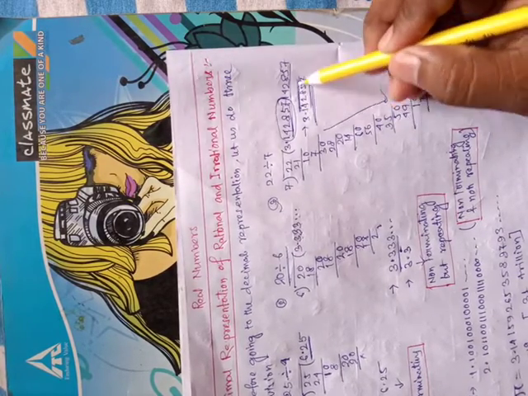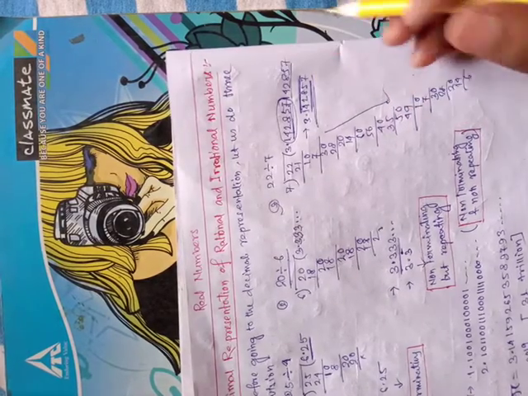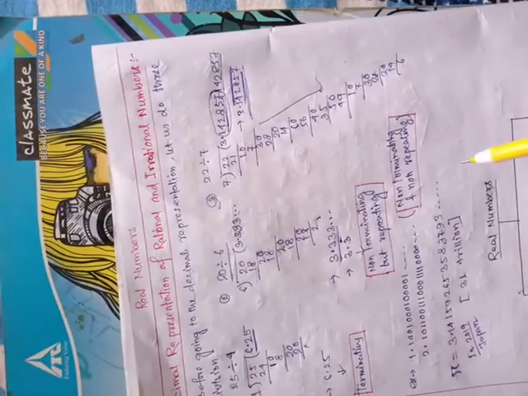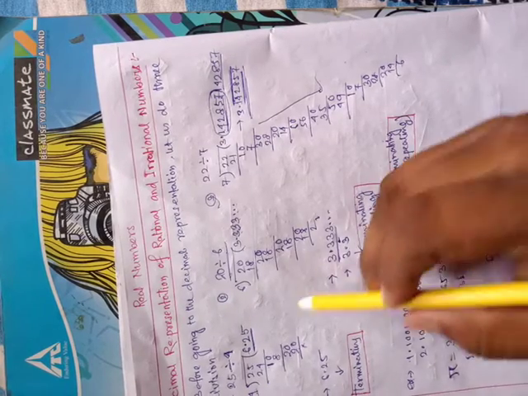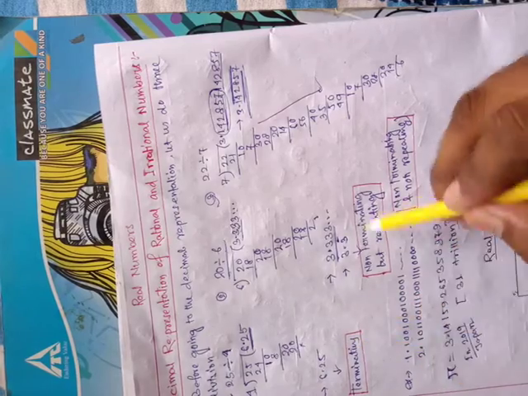That's why we have given the bar from 1 to 7. So these are the three answers we can see.